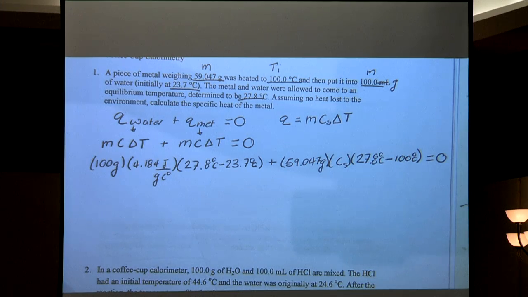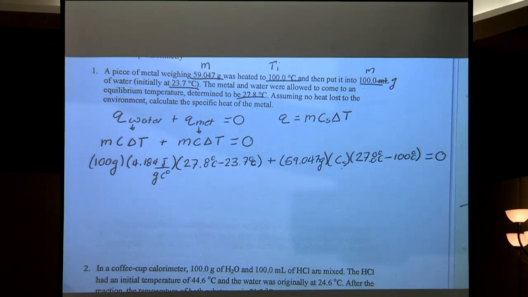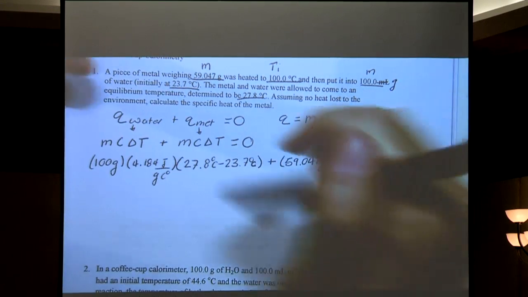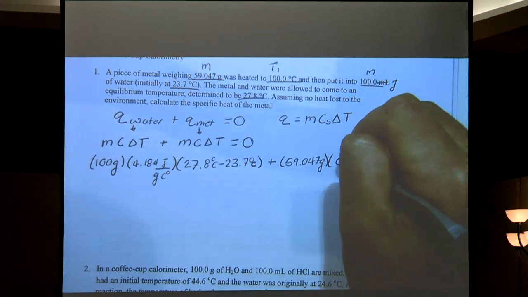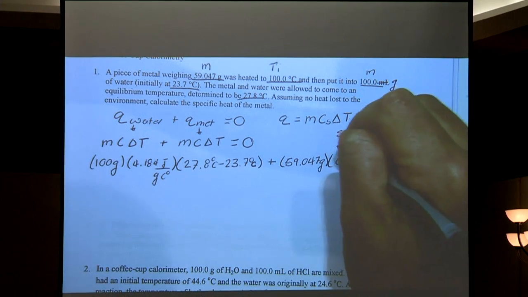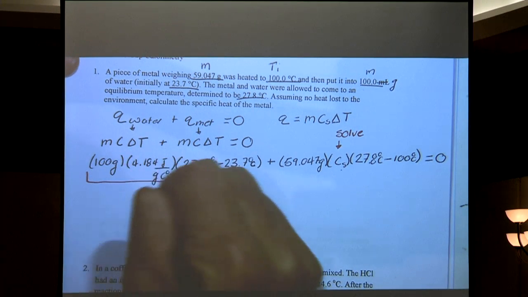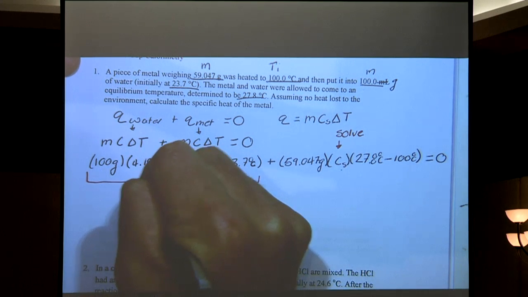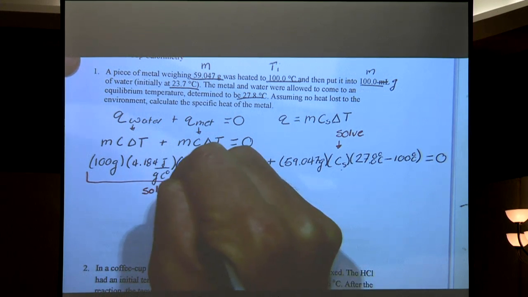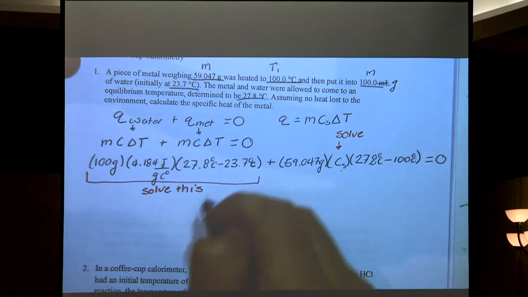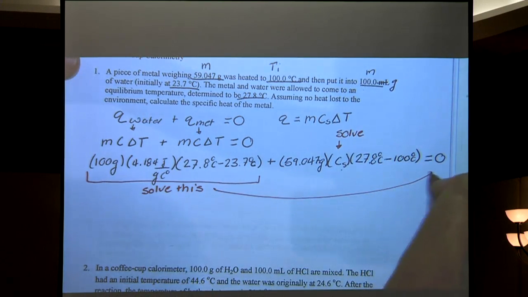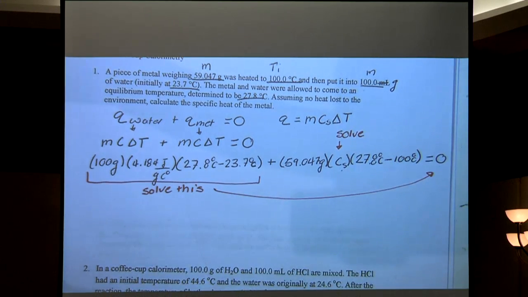So now it's just an algebra problem. You solve for Cs. My suggestion, because I know this isn't a math course, but chemistry is a lot like math: solve this first, then put it to the other side, and then divide everything out.